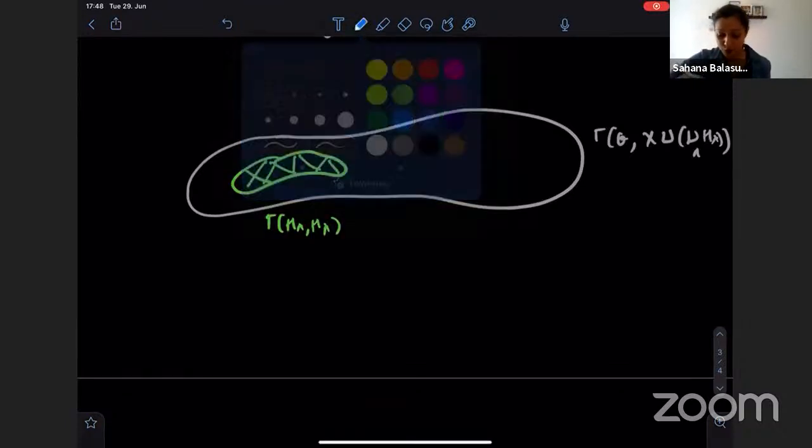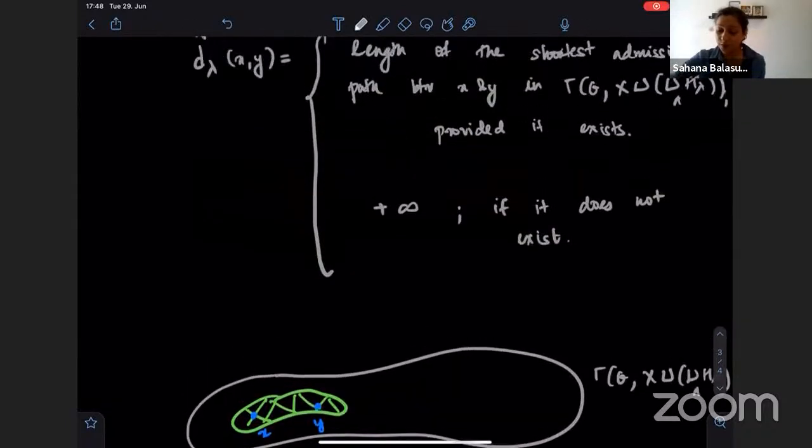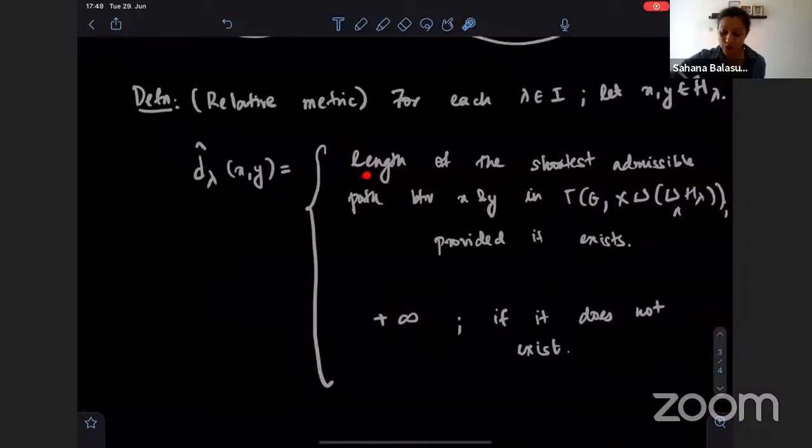And I have 2 points X and Y in here. And the first thing that, of course, we want to check is that if X equals Y, then the length of this admissible path is 0. And remember, this length is in terms of the number of edges. It is the combinatorial metric on this graph.